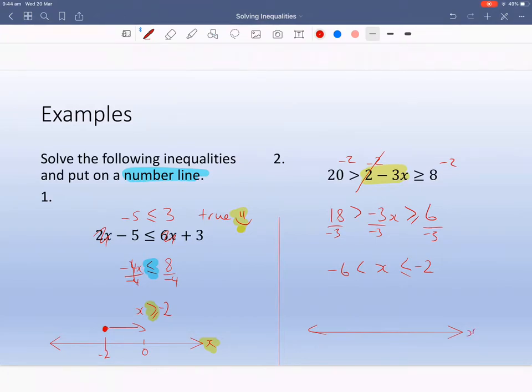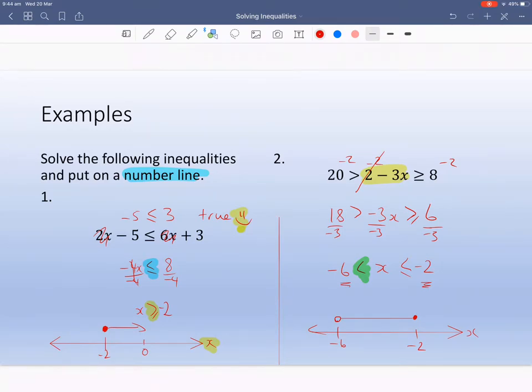Okay, we've got x, so we've got two numbers now, minus 6 and minus 2, all right. Now, x is greater than minus 6, but less than or equal to minus 2, so let's put a circle filled in there and an empty circle there, and that is simply because it's not an equal to as well. And then all we have to do now is just connect these two dots because it means that. All right. So that's what it means on the number line.